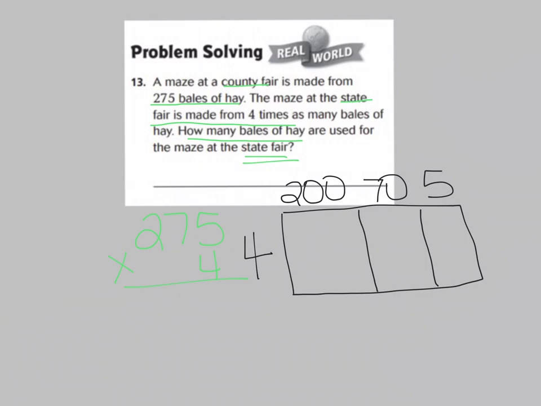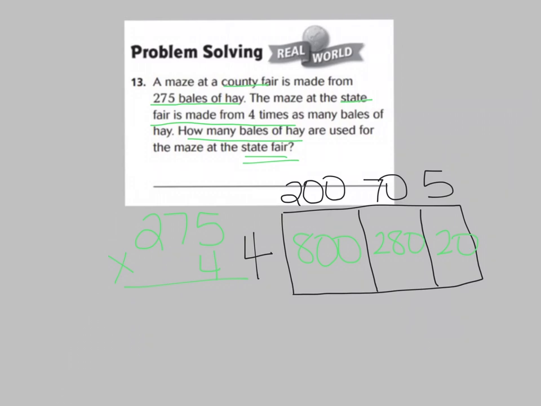All right, and as I continue to multiply, I'm going to do 4 times 200 gives me 800. 4 times 70 gives me 280. And 4 times 5 gives me 20. And remember, we have to add all of these partial products in order to get our final product.